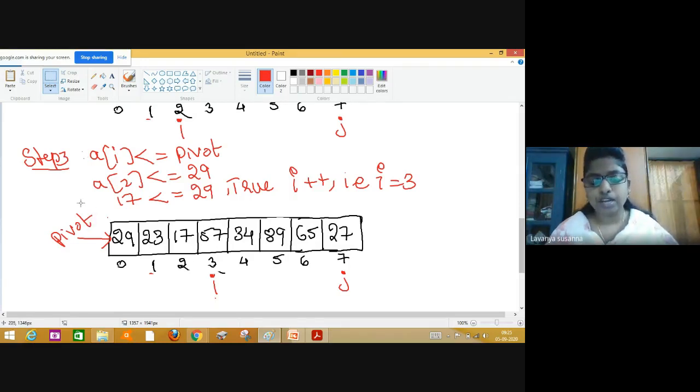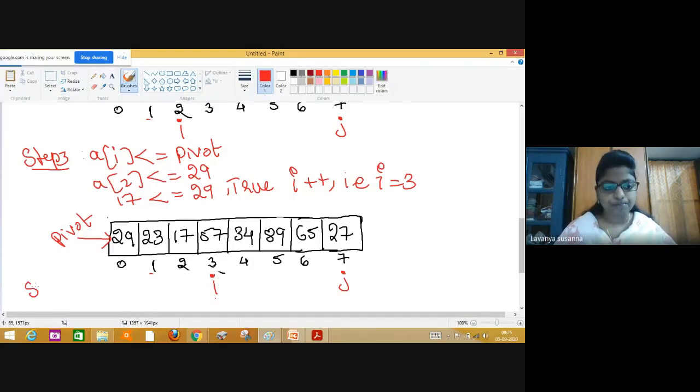Step 3, note down the step 3. Again repeat the process. Step 4, repeat the process. You need to repeat the process until I incrementing is stopped.